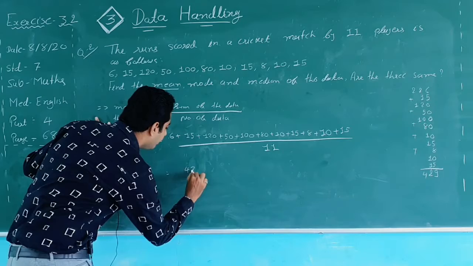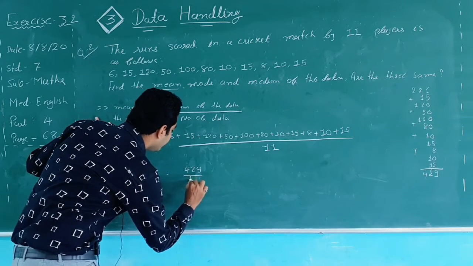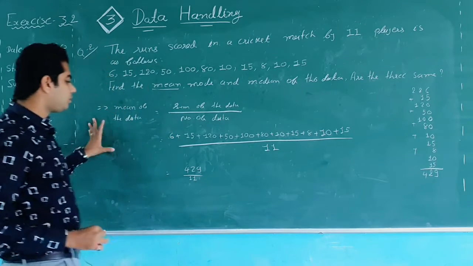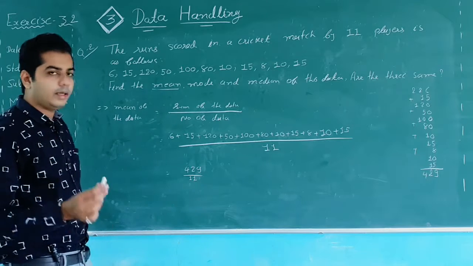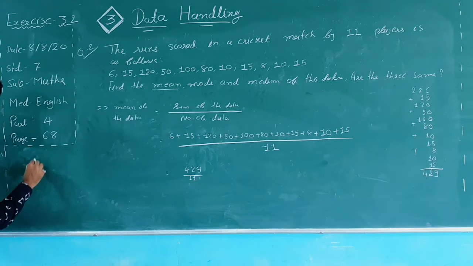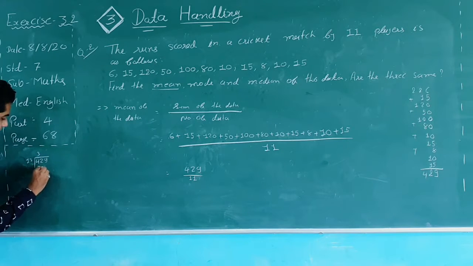So 429 divided by 11. Now can we divide 429 by 11? Let's find out. 11 1s are 11, 11 4s are 44. So we have to take 11 3s are 33. Now 33 plus 9 is 42.